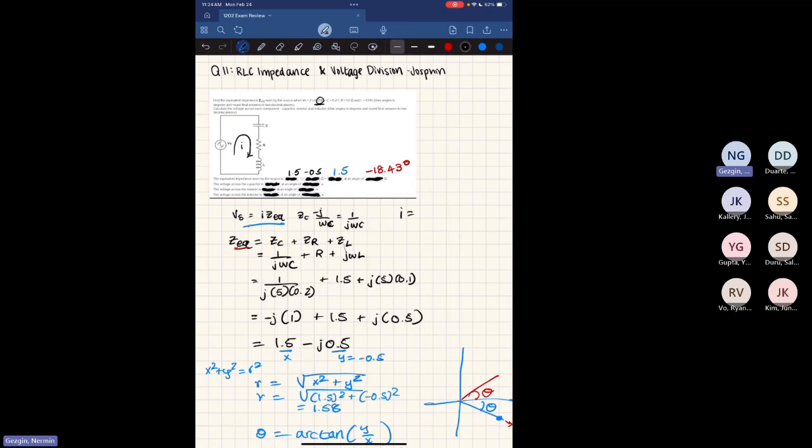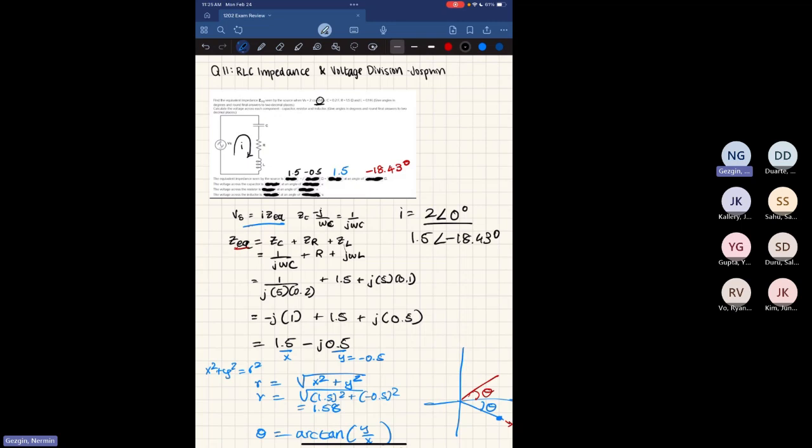So for Vs, it gives us in phasor format 2 cosine of 5t. So that is just the same thing as saying 2 at an angle of 0 degrees over Z equals, which we got as 1.58 at an angle of negative 18.43 degrees.